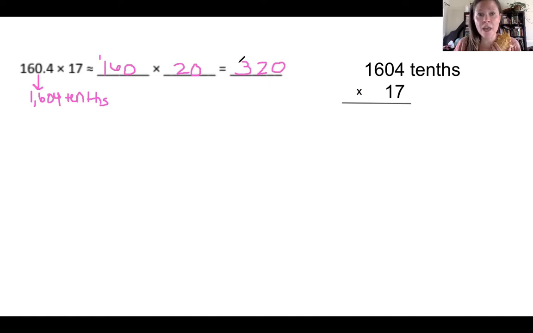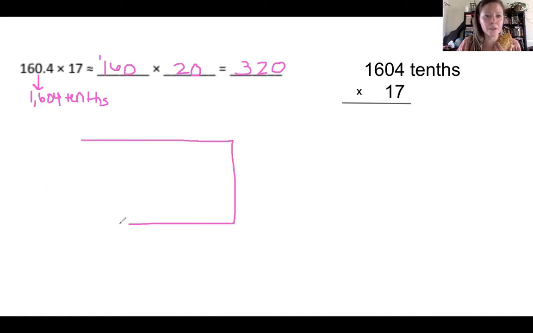So we know that our product, whenever we do our multiplying here with our area model, is going to be somewhere around 320. So first, let's go ahead and draw an area model. I don't see an option for a shape, so I'll just draw it. Okay, so here's my rectangle.